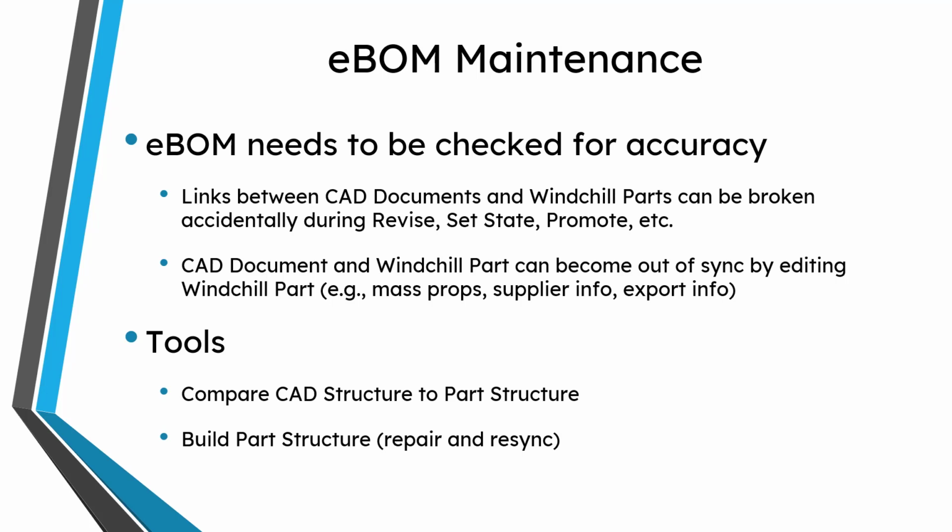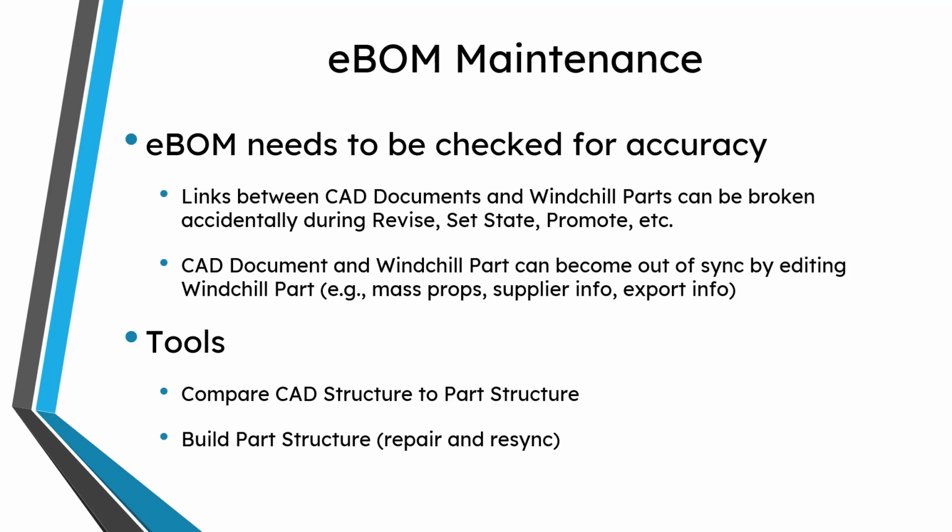Now, one thing about engineering bills of material, you do need to perform maintenance on them in order to ensure that they are accurate. And here are a couple things that can happen to make your engineering bill of materials be incorrect. Sometimes if a person doesn't know what they're doing when they're performing different operations like revise or set state or promote, they can break the link between the engineering objects, your CAD parts and assemblies, and your Windchill parts.